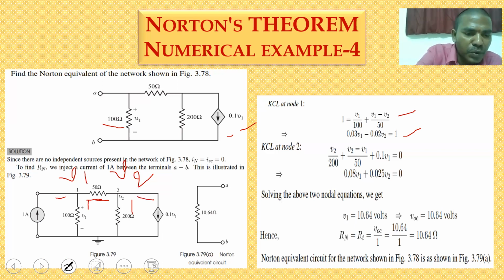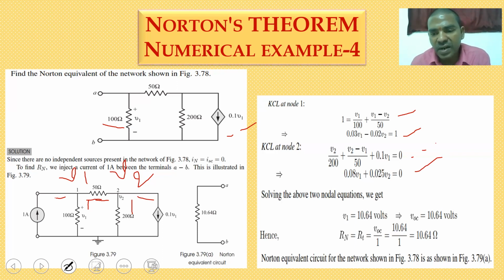So V2 by 200 plus (V2 minus V1) by 50 plus 0.1 V1 is equal to 0. After simplification, 0.08 V1 plus 0.025 V2 is equal to 0.